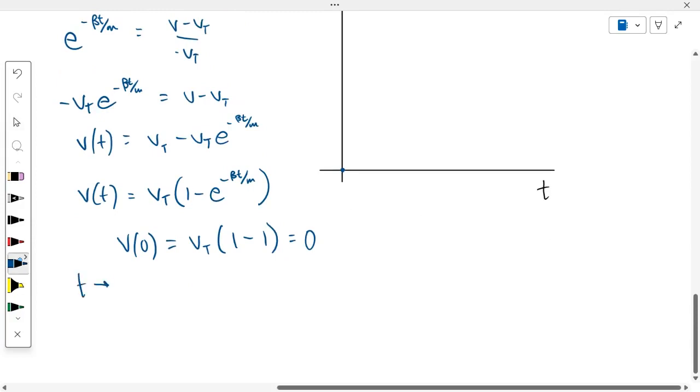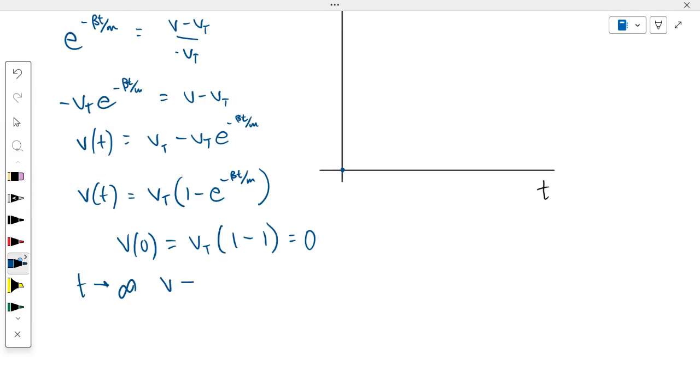As t approaches infinity, V approaches V terminal times 1 minus e to the negative infinity, which is 1 over huge, right? That's 1 over e to the infinity. It's an enormous number, so it approaches 0. So this approaches V terminal.